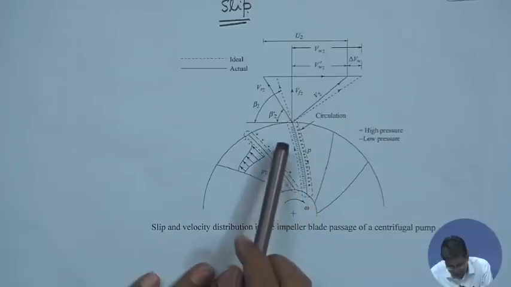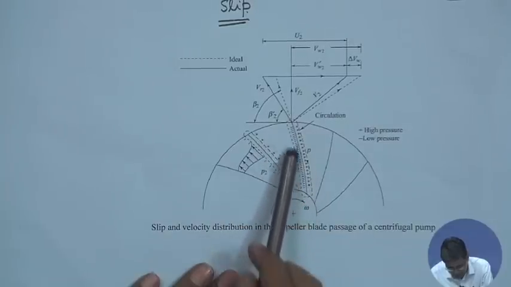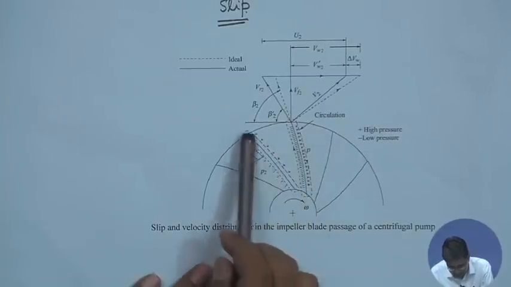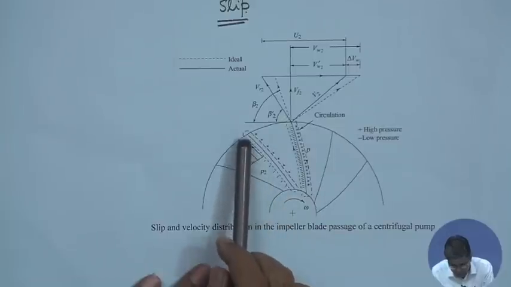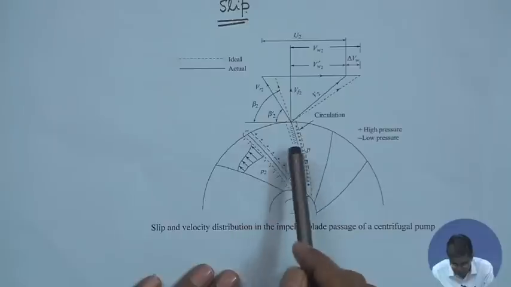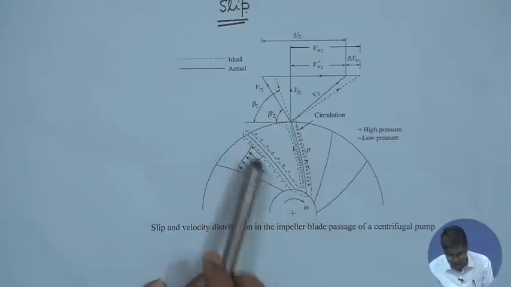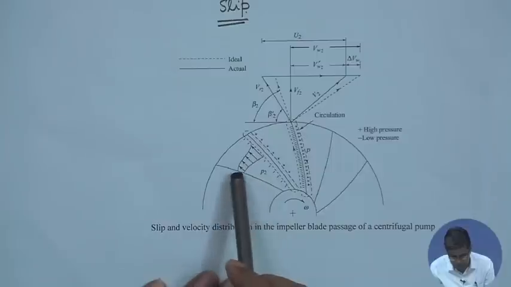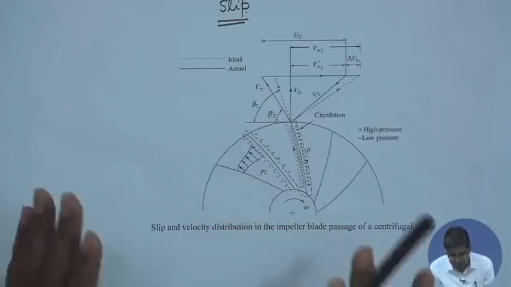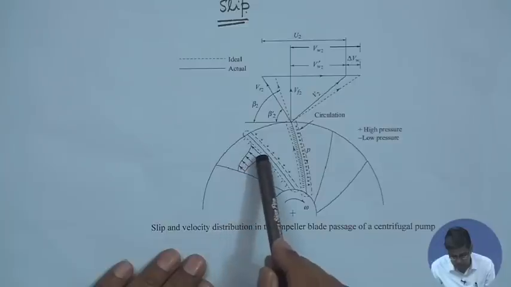This circulation takes place through this part. And finally, because of this difference in pressure at the leading and trailing surfaces, the velocity distribution becomes very much non-uniform. It is true that the velocity variation is not uniform.